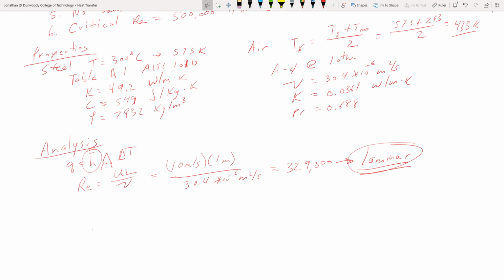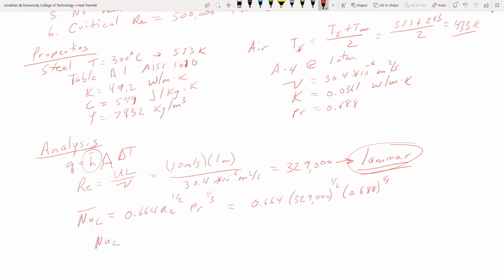So we look in the book for that bit. We find this correlation, Nusselt number average is 0.664 Reynolds to the 1/2 Prandtl to the 1/3. Filling in numbers, 0.664, 329,000 to the 1/2, 0.688 to the 1/3.